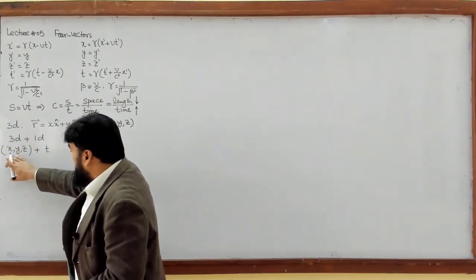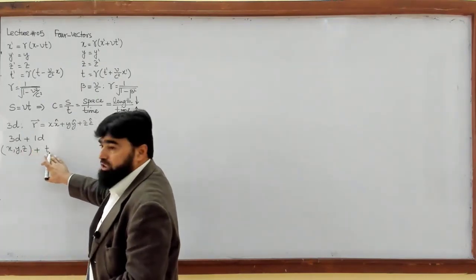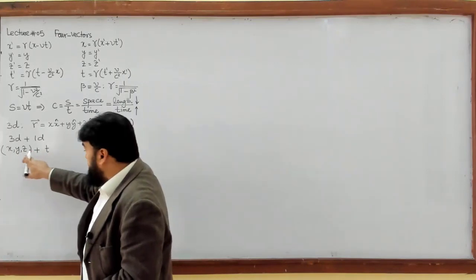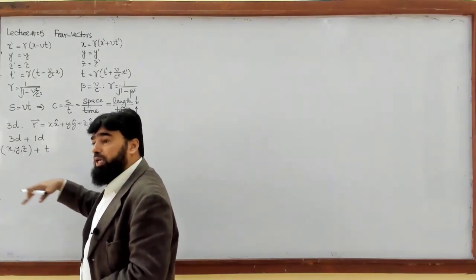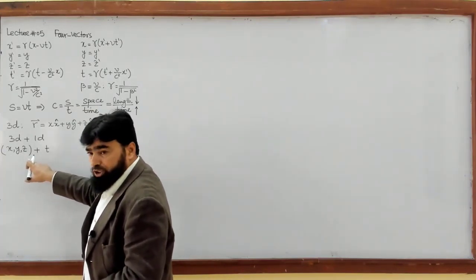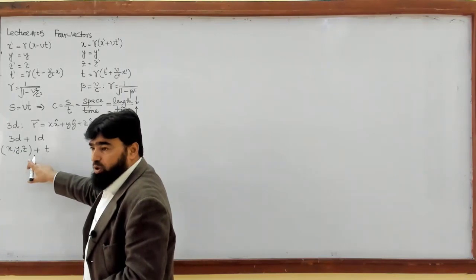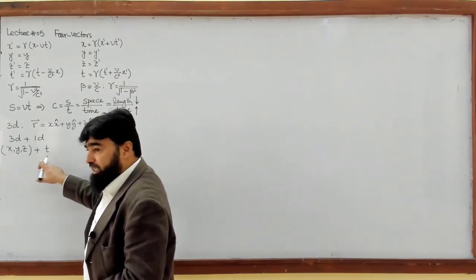Now this is spatial coordinates, x, y, z. This one is time. These are not of the same dimensions. So if I want to make them 4, then I will have to keep their dimensions the same.